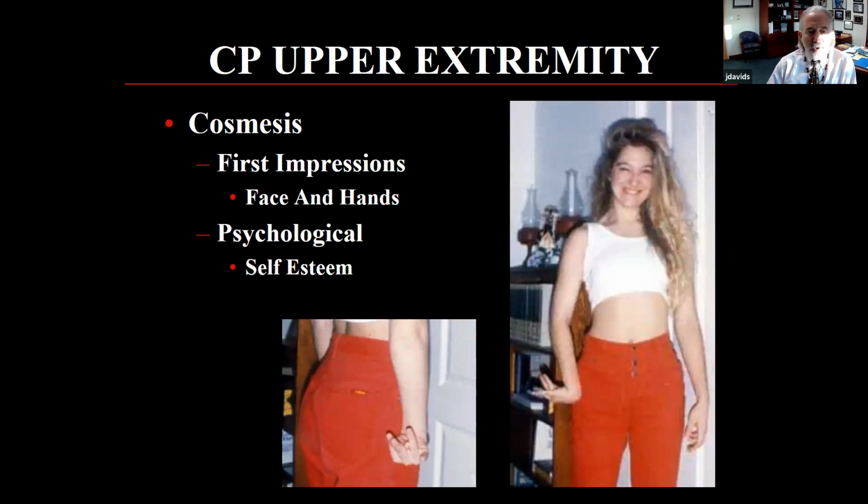Cosmesis is a very important element of the upper extremity. In our Western cultures, the typically exposed parts of the body, the face and the hands, have been shown to play a significant role in first impressions. Cosmetic problems associated with the upper extremity can then have significant psychological impact, particularly during the teenage years where self-esteem can be compromised.